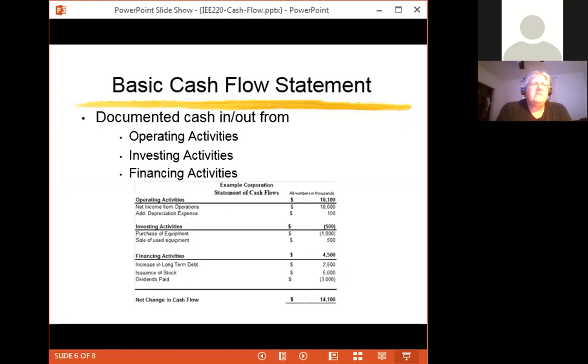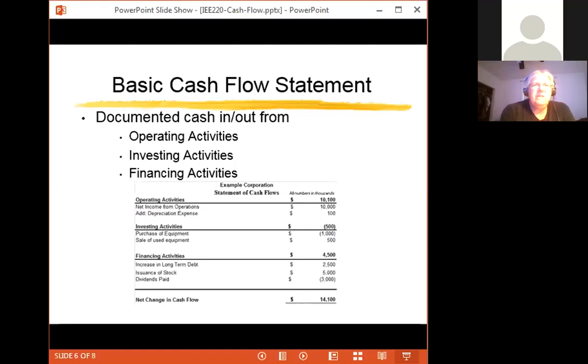But these investing activities are places where on a cash flow statement, we're targeting those specific types of transactions because they are outside of our operating expectations day in and day out. So in this case, they purchased $1,000 of equipment, but we sold something for $500.